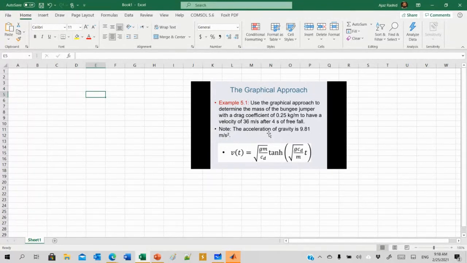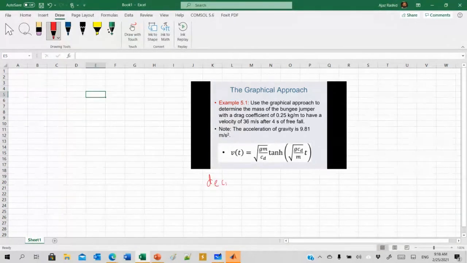Now let us decide on a range of values. Let's say you have a bungee jumper, you want to find the mass. So this mass is of a person, so it needs a range of mass that is suitable for a person.